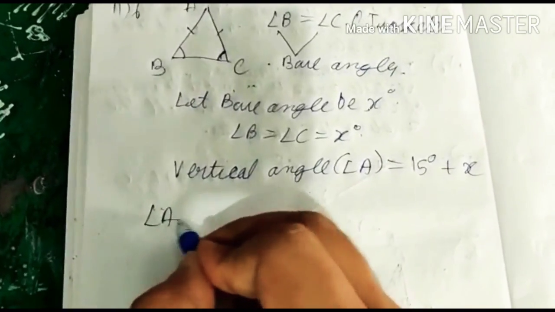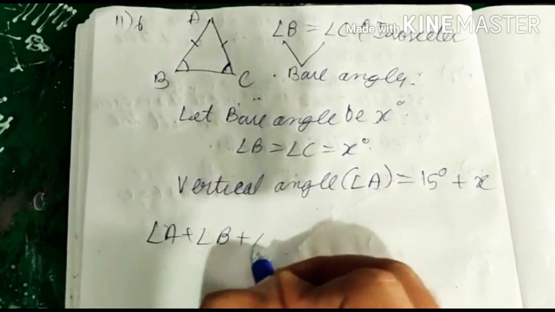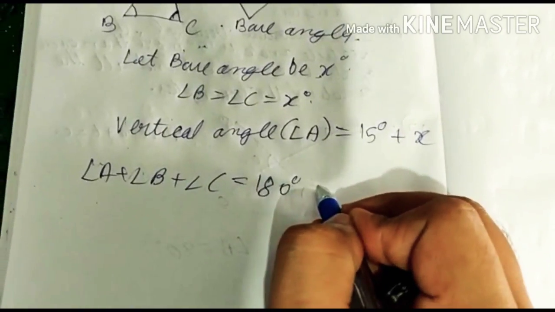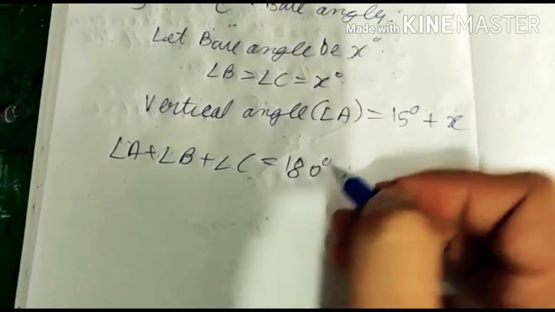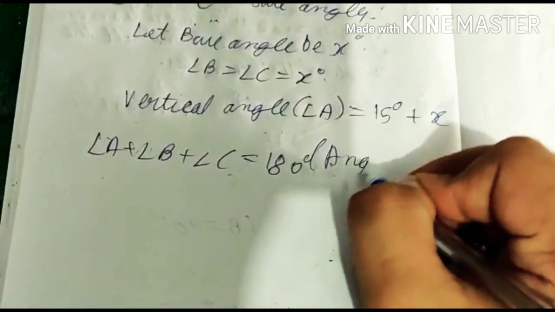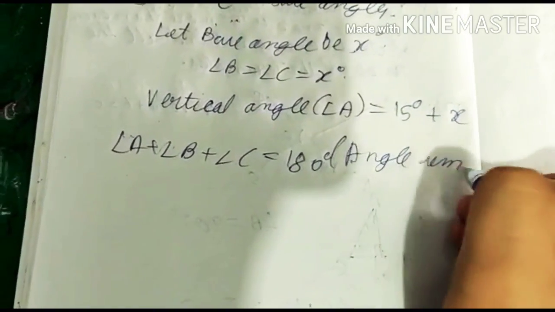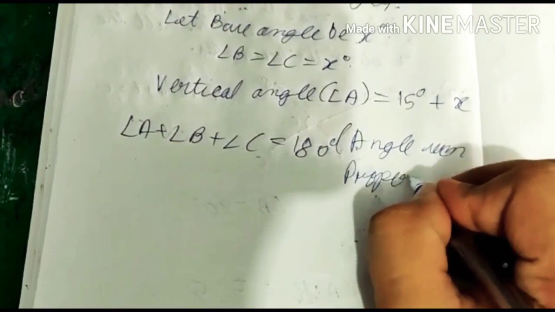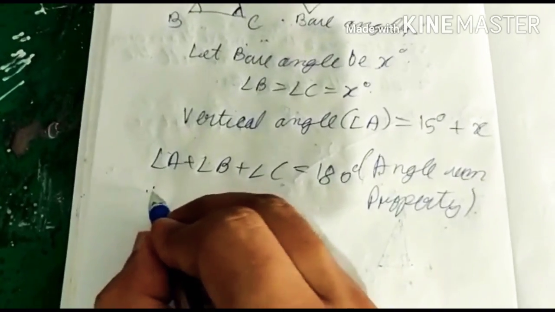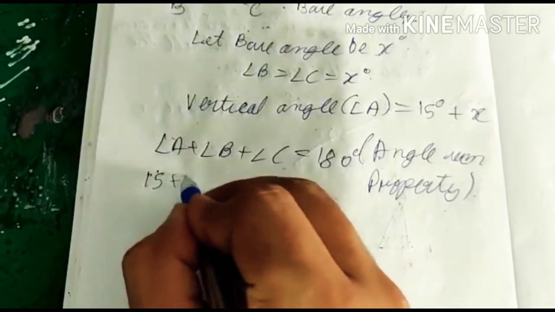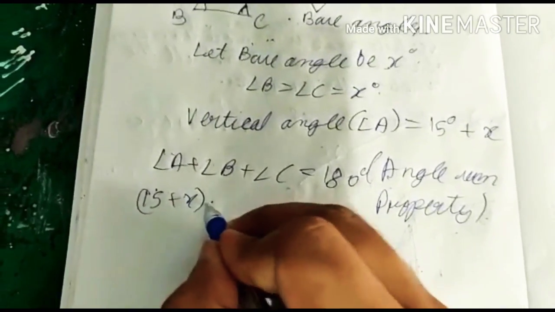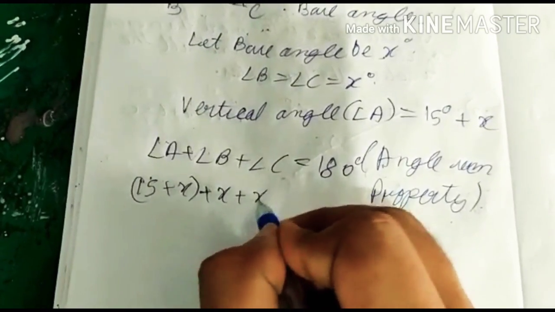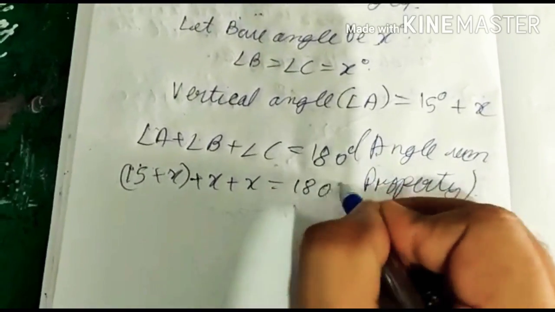So angle A plus angle B plus angle C is 180 degrees. This is the angle sum property. So angle A here is 15 plus x, B is x, C is x, equals 180 degrees.